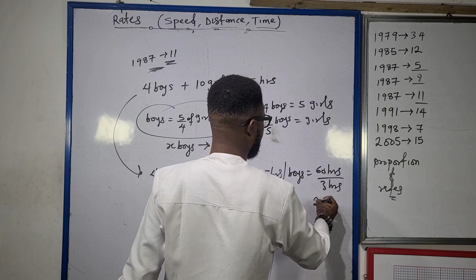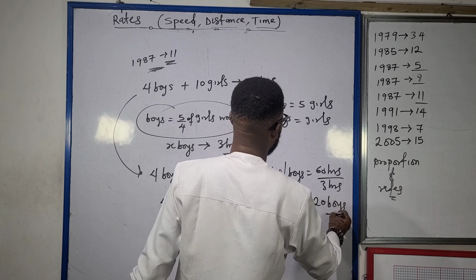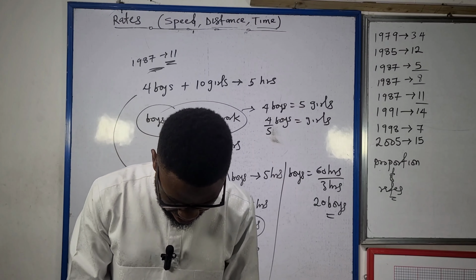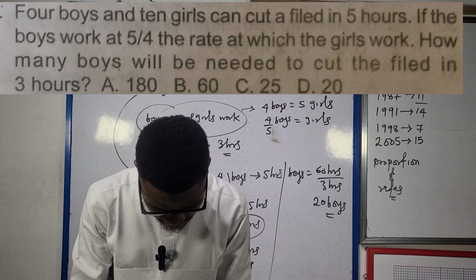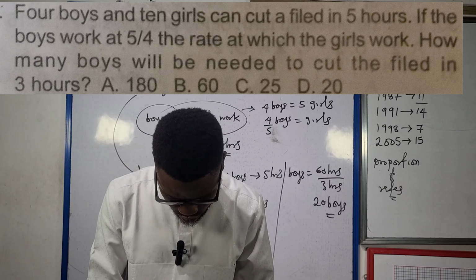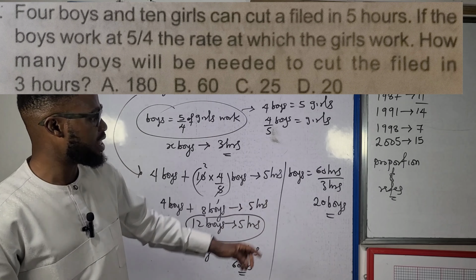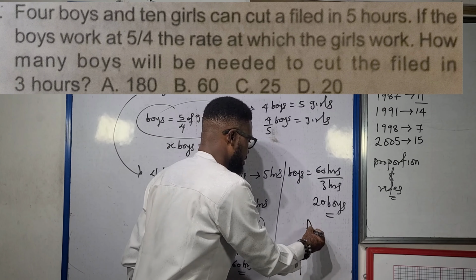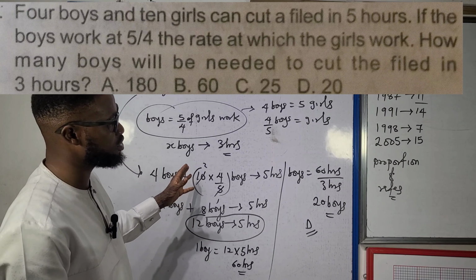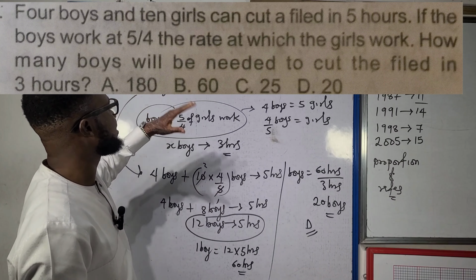So that is going to be 20 boys is exactly what we are going to need to get this job done in 3 hours. So you can see that in the options. Question 11 is option D. That is the answer. That is talking about proportion here. So that ends 1987 question 11.